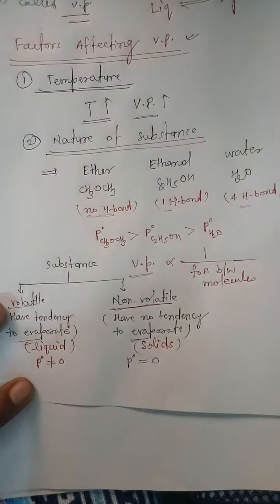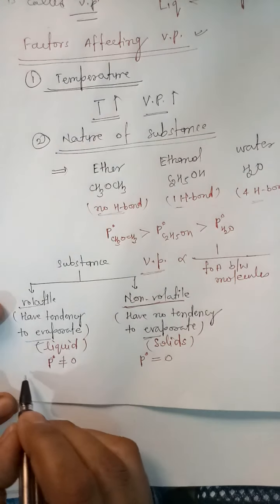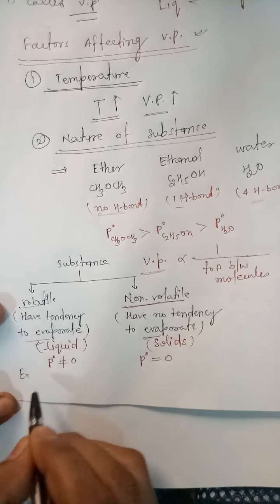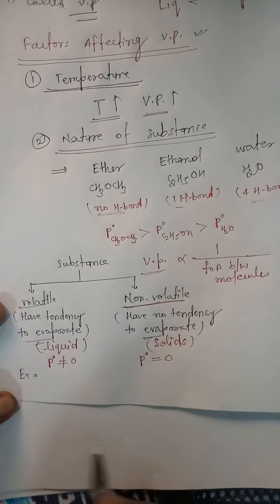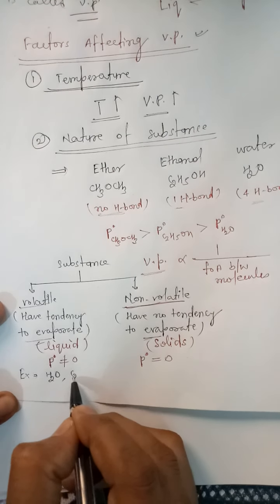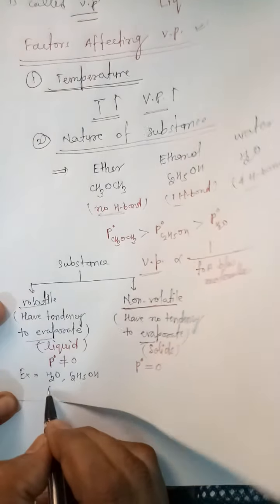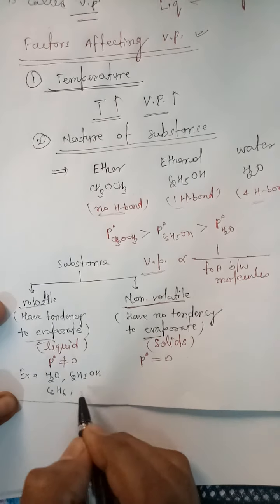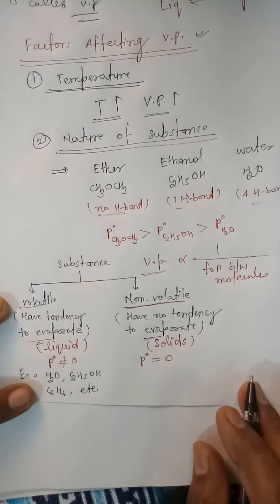So I am taking examples of volatile and non-volatile substances. Examples of volatile substances which can be used in this chapter are water, ethanol, benzene, etc. These are called volatile substances because they have a tendency to evaporate.